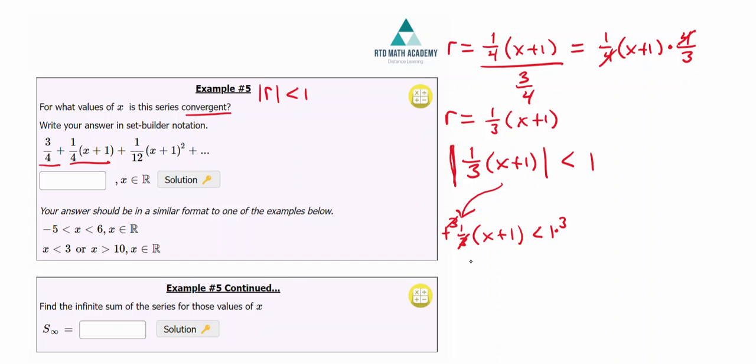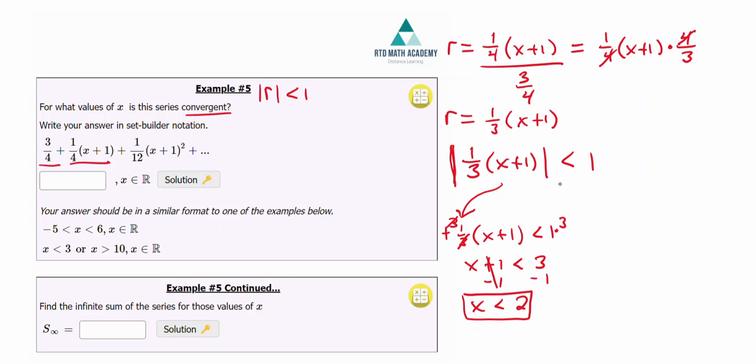So now what we have left is x plus 1 must be less than 3. Now we'll subtract 1 from both sides, minus 1, minus 1. So we end up with x has to be less than 2.